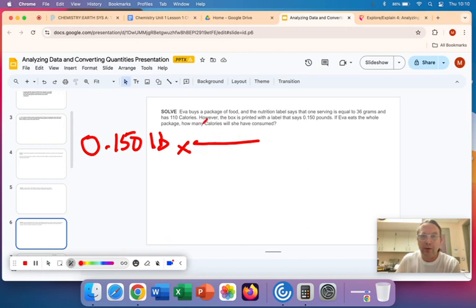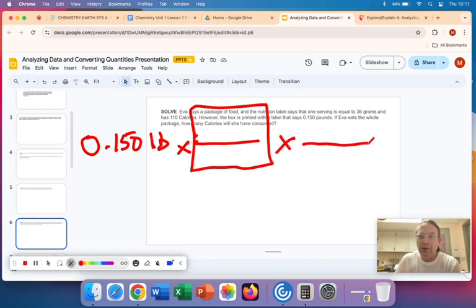Okay, figure out this equality and show your work. Do you want pounds on the bottom, kilograms on the top, or kilograms on the bottom, or pounds on the top? And then get your answer. And then you want to convert kilograms to grams, right?